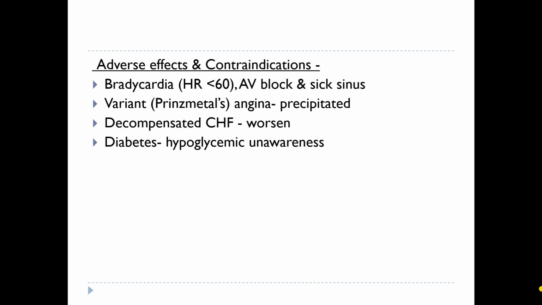So if a diabetic patient takes a beta blocker and goes into hypoglycemia, their blood sugar level goes down, but they will not have any symptoms because you have blocked beta receptors. That phenomenon is called hypoglycemic unawareness, because patients go into hypoglycemia but do not have any symptoms, so they are not aware that they are going into hypoglycemia, which is quite dangerous and may lead to hypoglycemic coma and death. That is why beta blockers are contraindicated in patients with diabetes.